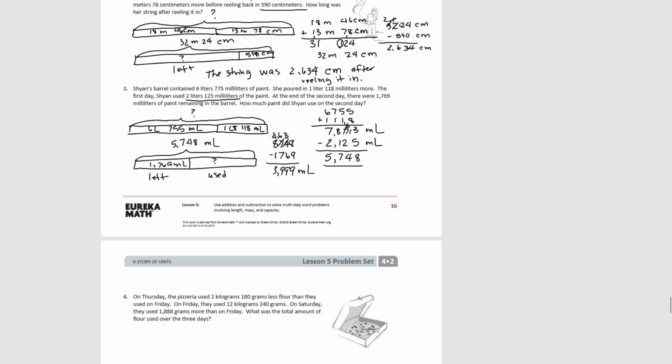So, or that's what she used on the second day. 3,999 milliliters on the second day.